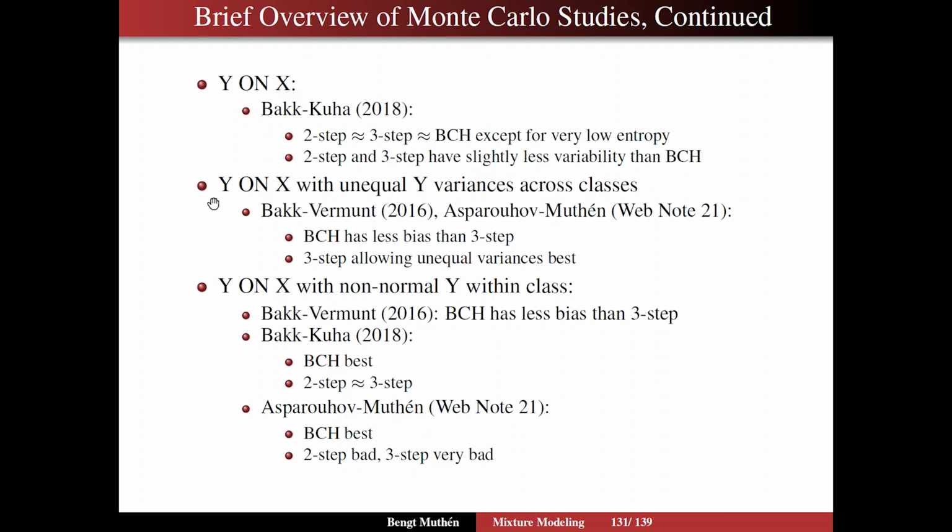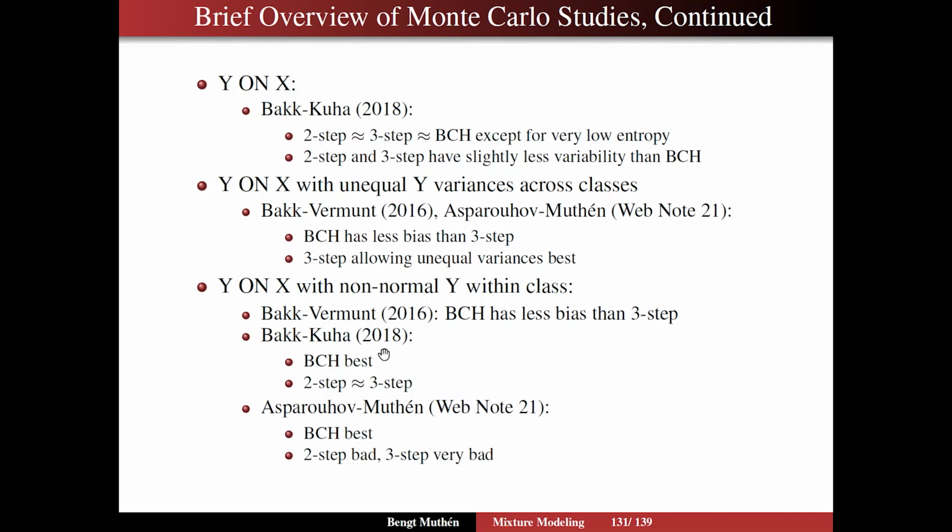But Y on X with unequal Y variances across classes, if you generate the data that way, you can see that BCH has less bias than three-step. Three-step allowing unequal variances is the best. Now, Y on X with non-normal Y within class, which is a little bit like what we had for the ASB real data example, antisocial behavior. Bakk and Vermunt pointed to BCH as having less bias than three-step.